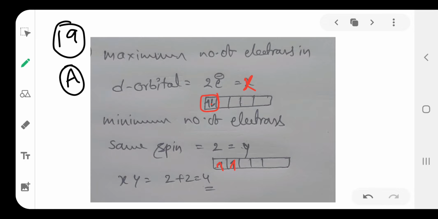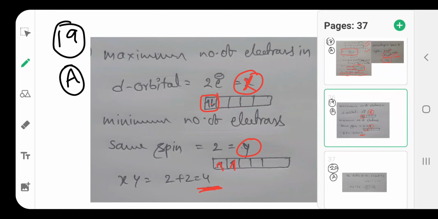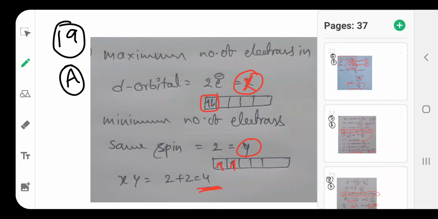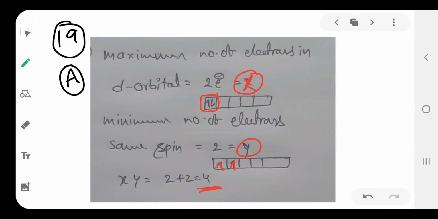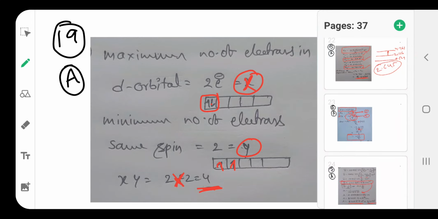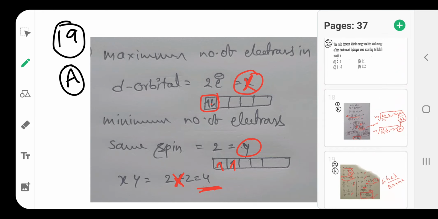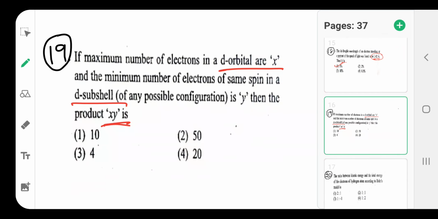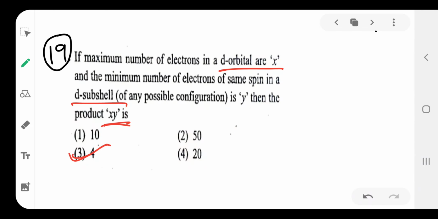Y value 2, x value 2. Total 2 plus 2, which is 4. Option is 4. So x plus y is 4.